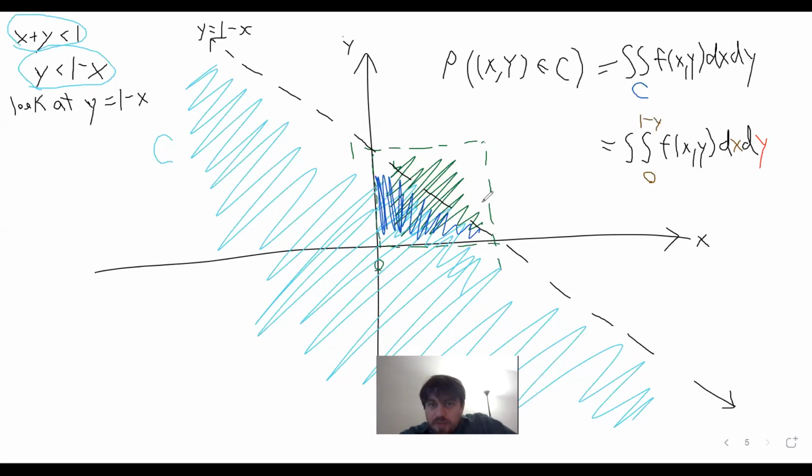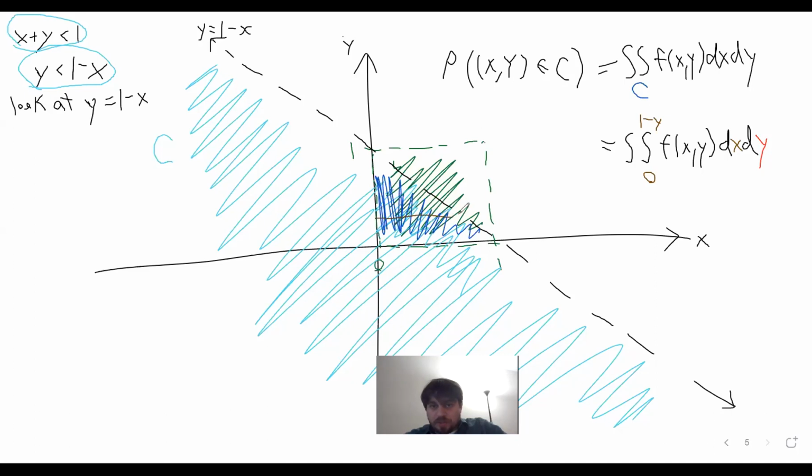If you're integrating with respect to x from 0 to 1 minus y, you're looking at the lengths of a rectangle going from x equals 0 to 1 minus y.